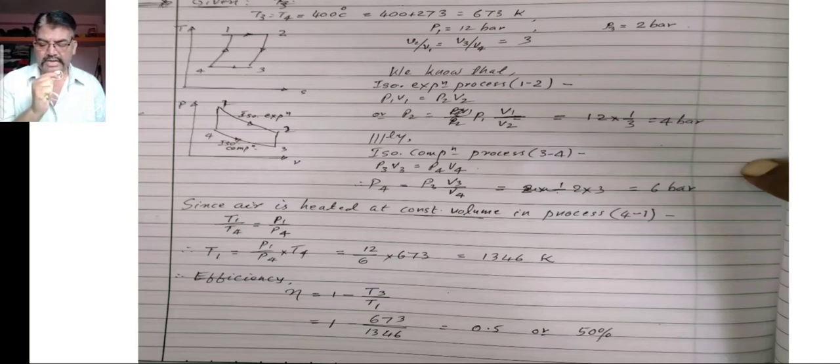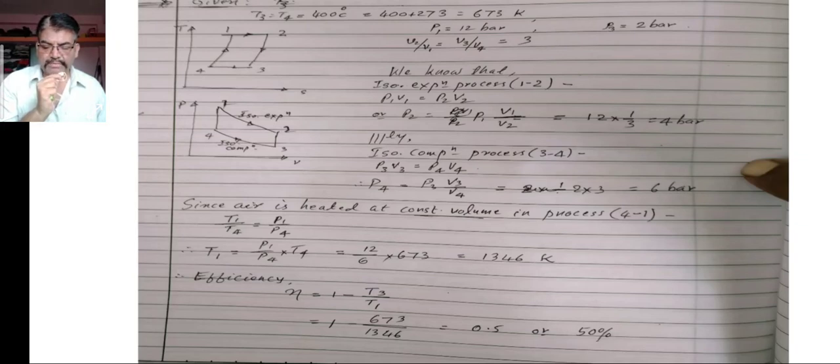Now since air is heated at constant volume in process 4 to 1, we have the formula T1 divided by T4 is equal to P1 divided by P4. T4 is the same as T3, so we can calculate T1 after putting in the values of P1 and P4 that are given.